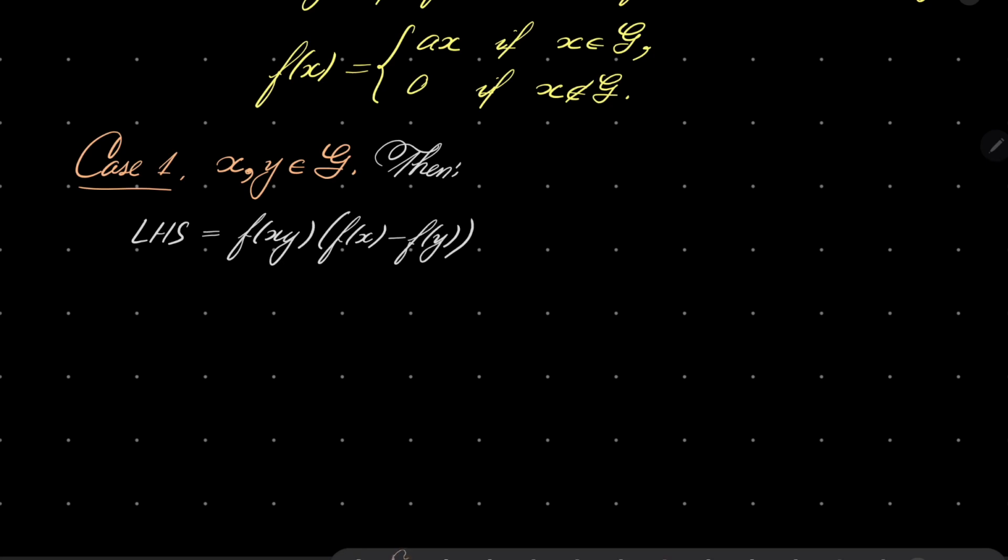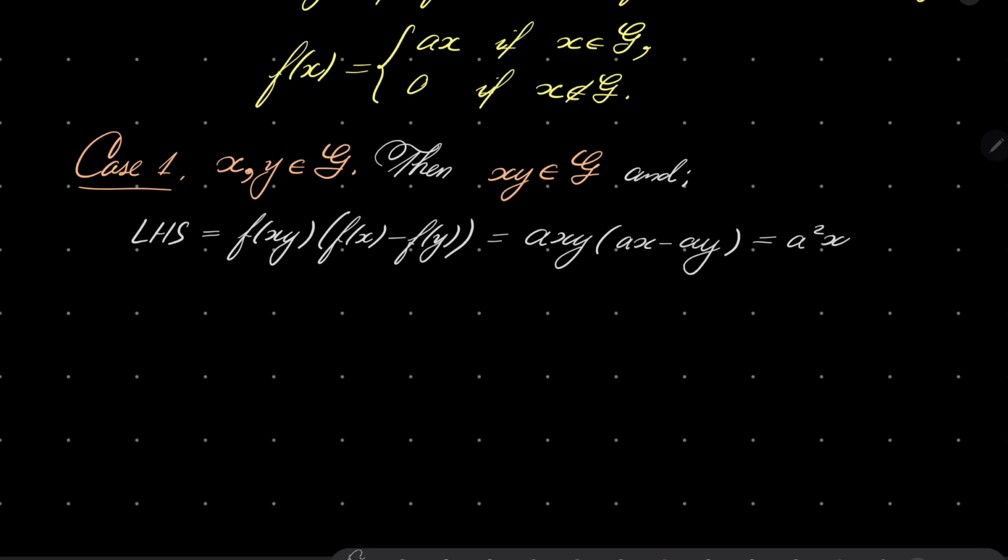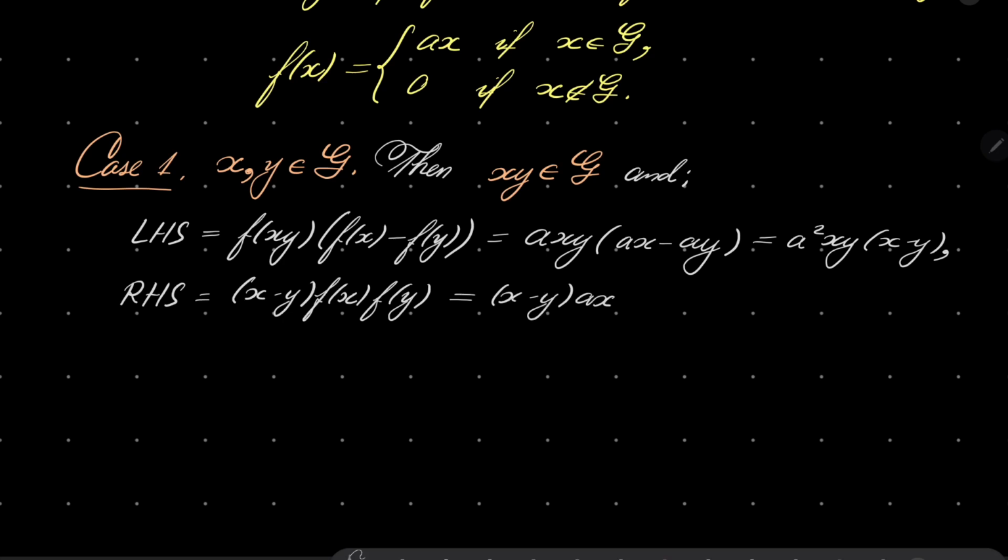Since our set G is a subgroup, xy is also in our subgroup, and since it is in our subgroup, f of xy is axy, f of x is ax, minus ay, and that can be written as a squared xy, x minus y, while on the right-hand side we have x minus y, f of x, f of y, which is x minus y, ax, ay, which is a squared xy, x minus y. Exactly the same.